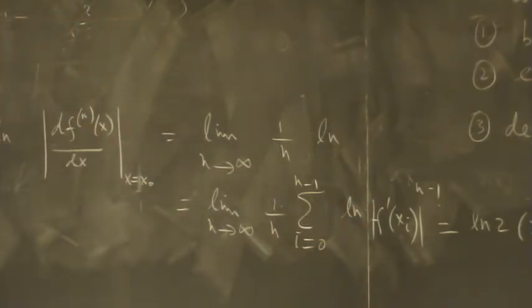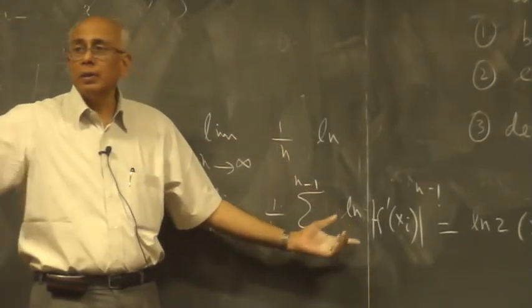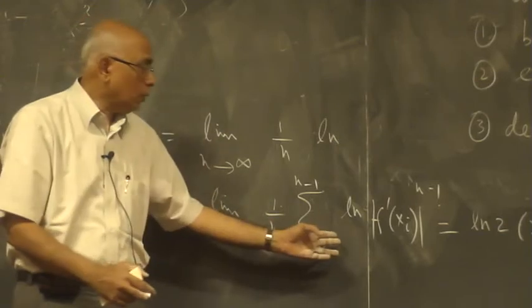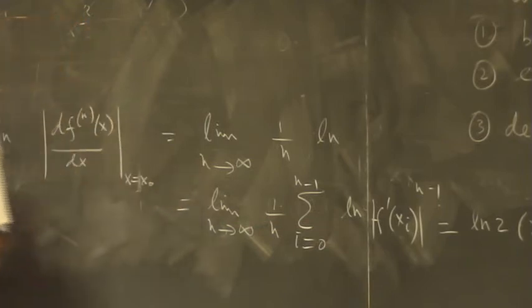So for a stable fixed point, this sum will be dominated by an infinite number of terms, for each of which this quantity is a constant. It's the log of the modulus of the slope at the fixed point. The 1 over n will cancel with the summation, and you get log of the modulus of f prime of x star.